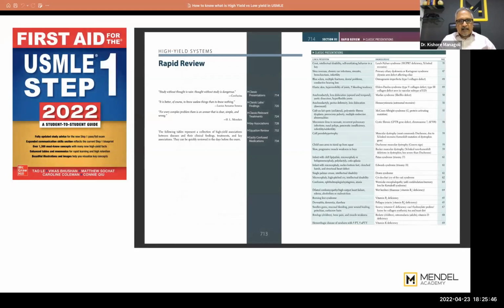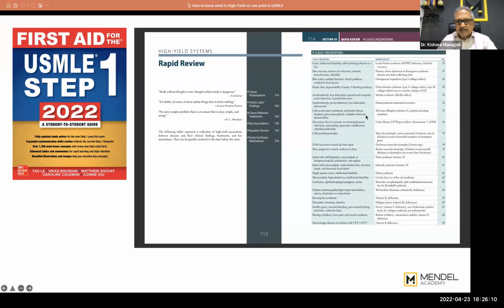The second high yield stuff that you can locate would obviously be in First Aid. And in particular, I would recommend that you go through the rapid review section at the end of the book, which is around page 714 in the latest edition, that is the 2022 edition. And you will get a lot of information.